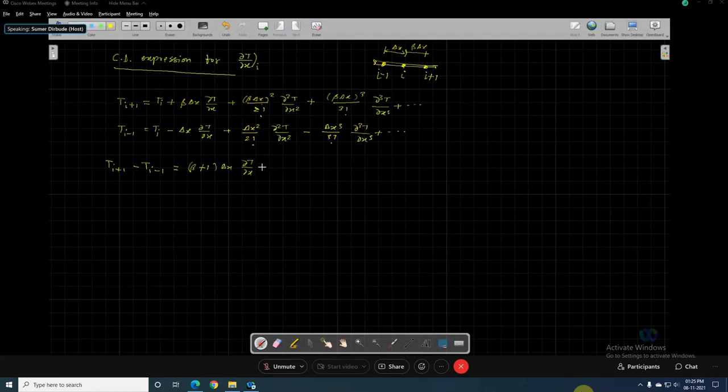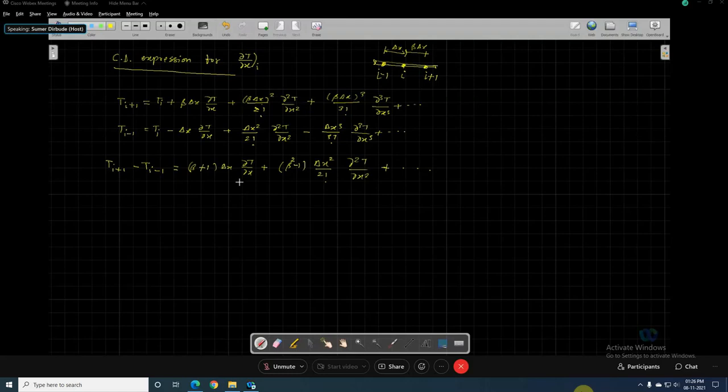So this plus beta delta x, so beta also minus 1, beta square minus 1 delta x square divided by 2 factorial del 2t del x2, and this plus minus this will also become plus, something like that.